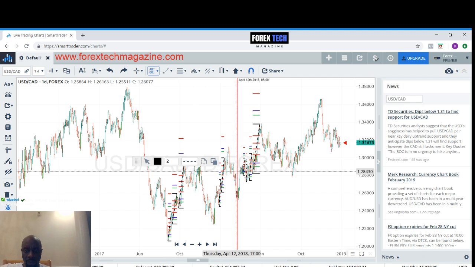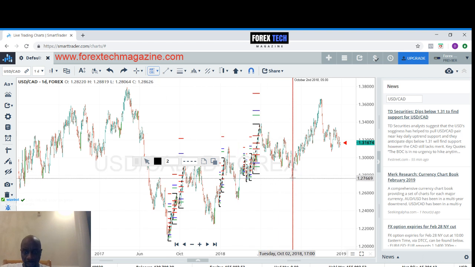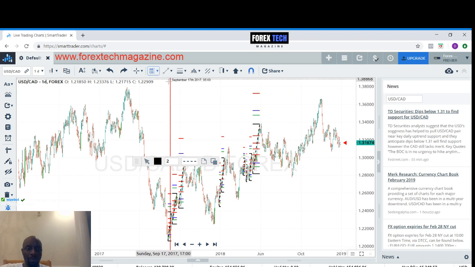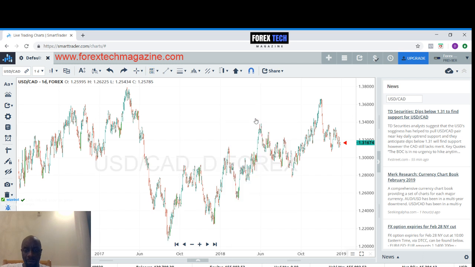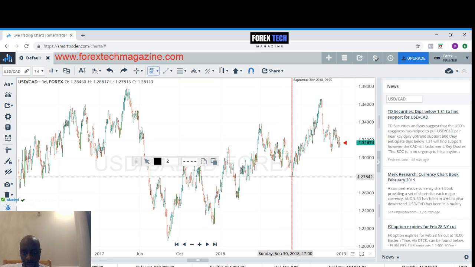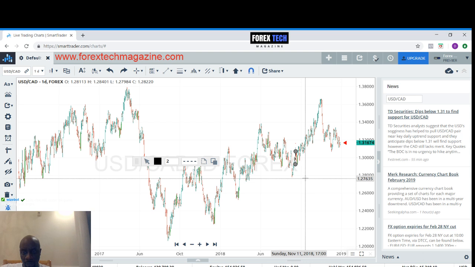You see some cases where the fib pushes out, but you see some cases where fibs get broken down. So I'm going to go back here and clear all these. Clear screen. The reason I'm clearing the screen is because the other fibs right there don't matter. I don't want to have too much stuff on there.